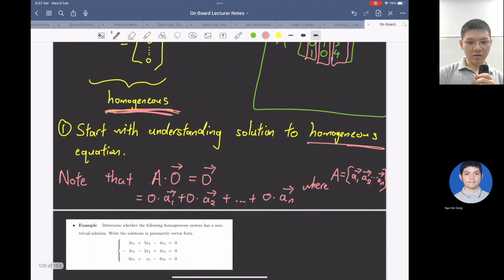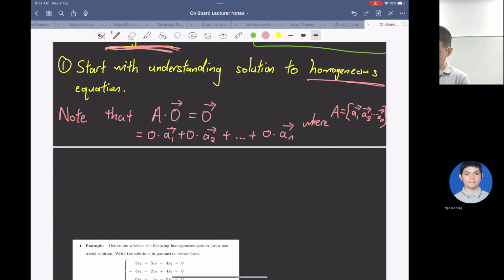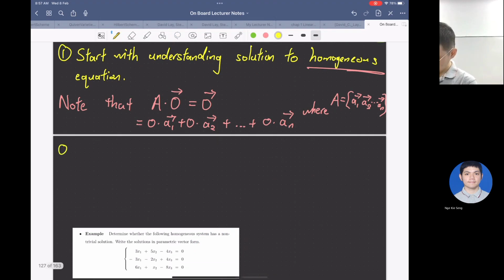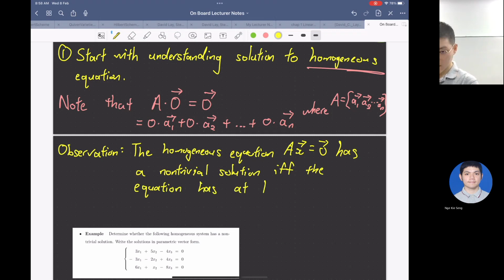Another observation, from what we calculated before, is that the homogeneous equation Ax equals 0 has a non-trivial solution if and only if the equation has at least one free variable.